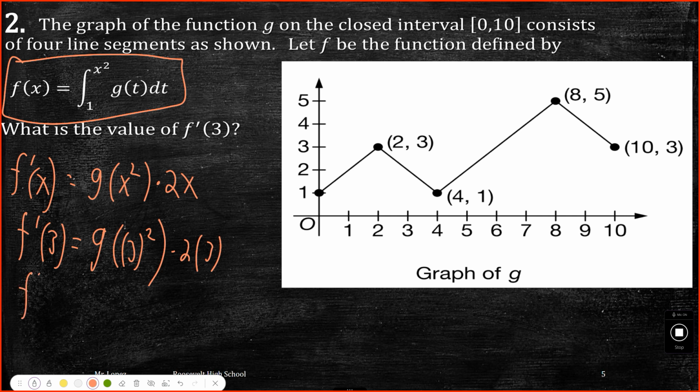So f prime of 3 is going to equal g of 9 times 6.